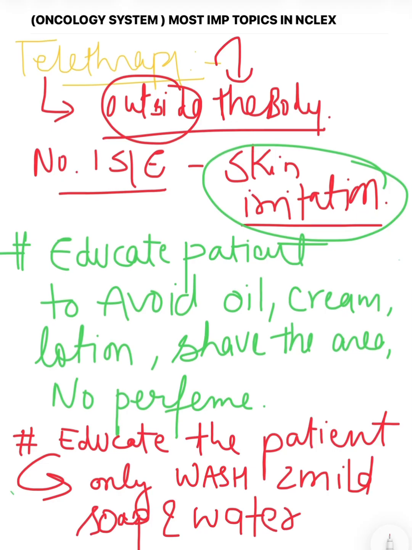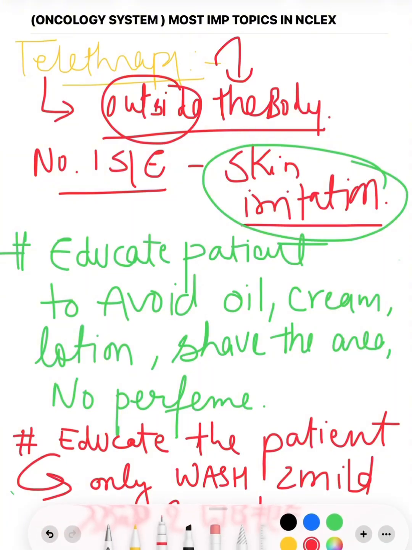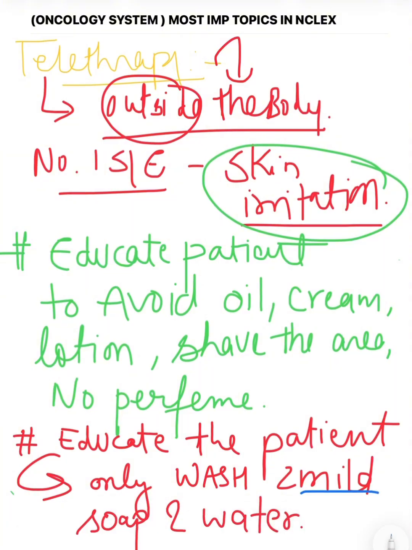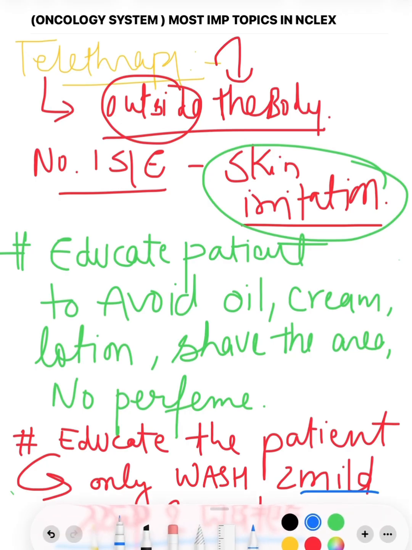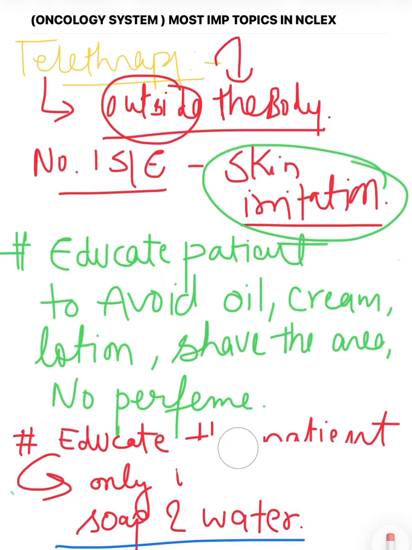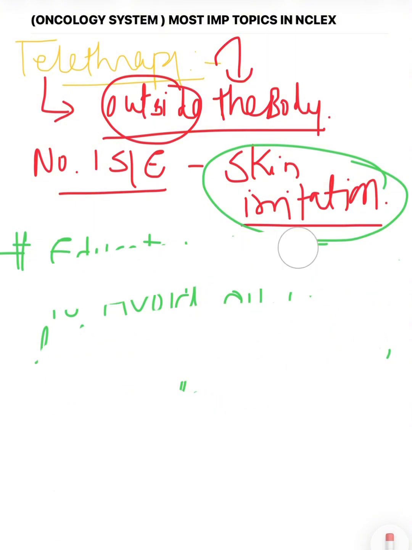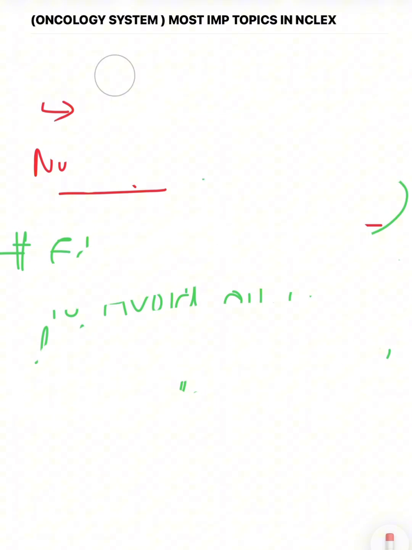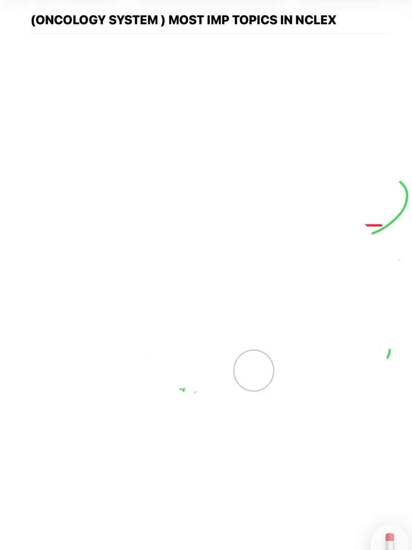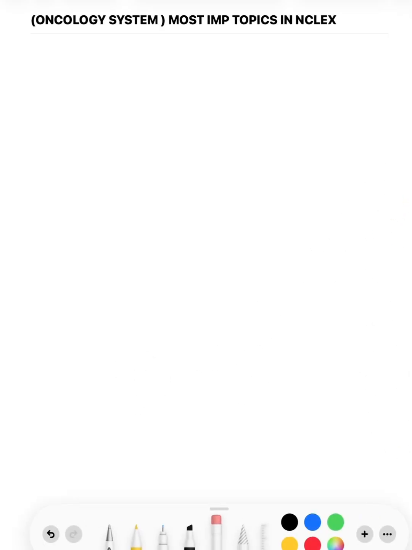Teletherapy is also known as external beam radiation. The therapy source is outside. With teletherapy, the number one side effect is skin irritation, which exhibits symptoms like burns. So educate the patient to avoid oil, cream, and lotion, and not to shave the area. No perfume. Wash with mild soap and water.